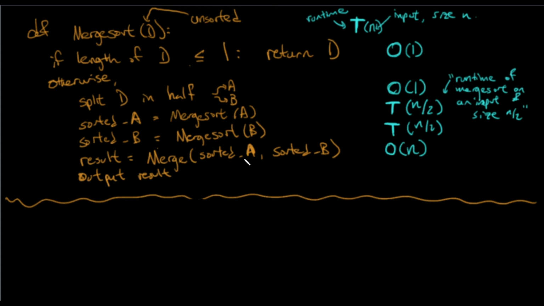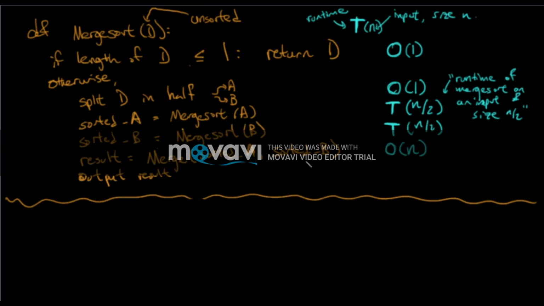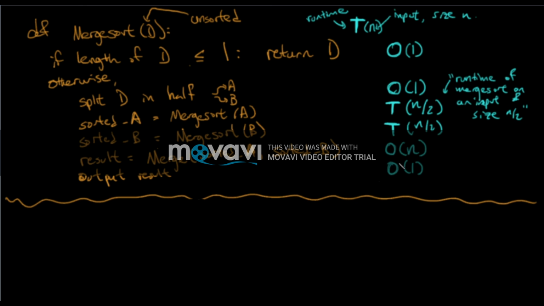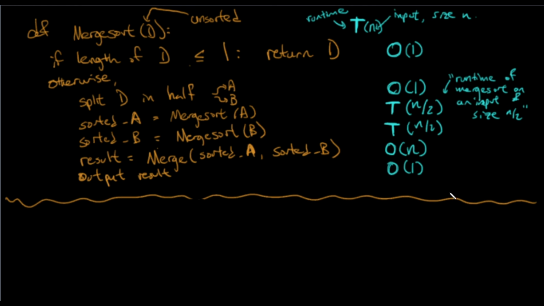We iterated O of n over 2 times here, and O of n over 2 times here, and combining that, we get an O of n operation. We'll denote that outputting the result is an O of 1 operation. This technically isn't quite right, I'm just taking a shortcut here. Some professors might opt to say this is O of n, depending on whether you're returning by value or not. But for our purposes, O of 1 suffices.